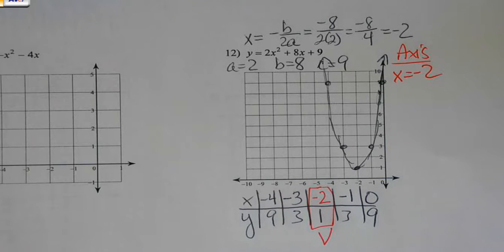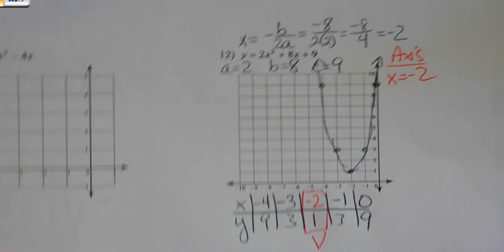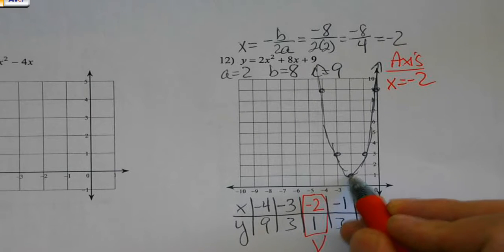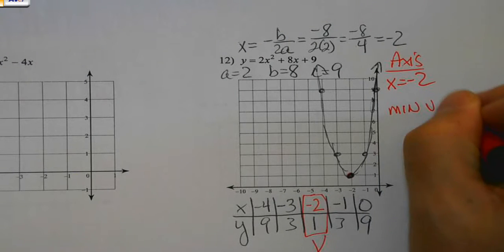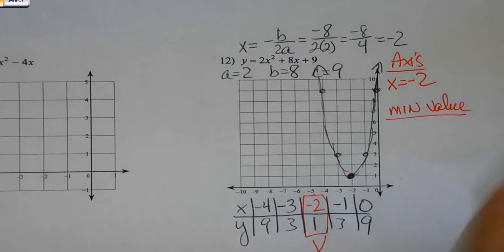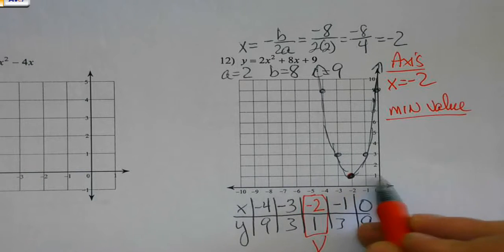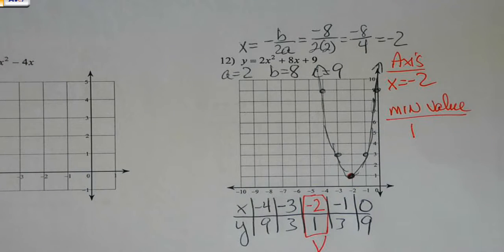Are we going to have a max or a min? Since our vertex is at the bottom of the graph, we're going to have a minimum value. And that minimum value is just the y value there, so our minimum value is going to be 1. We'll talk more about that next week with the application problems.